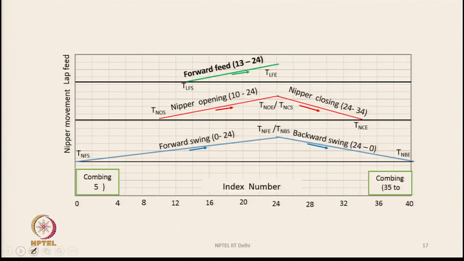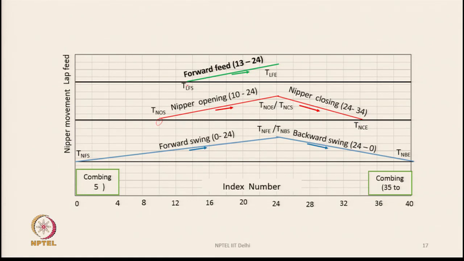If we meet these conditions, then the timing available to us is when the nipper remains open. The nipper opening timing, as you have seen, starts from 8 and goes up to 24. So this is the time available for feeding the lap sheet. We can feed the lap sheet any time between 10 and 24.